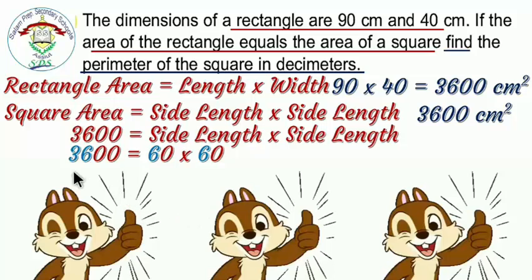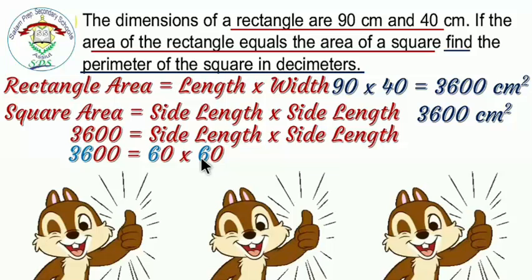Now try to think what the two numbers are. If we multiply them, the answer will be 3600. But take care. The number here must be the same as the number here because it's the side length times itself. We know two zeros means one number has one zero.